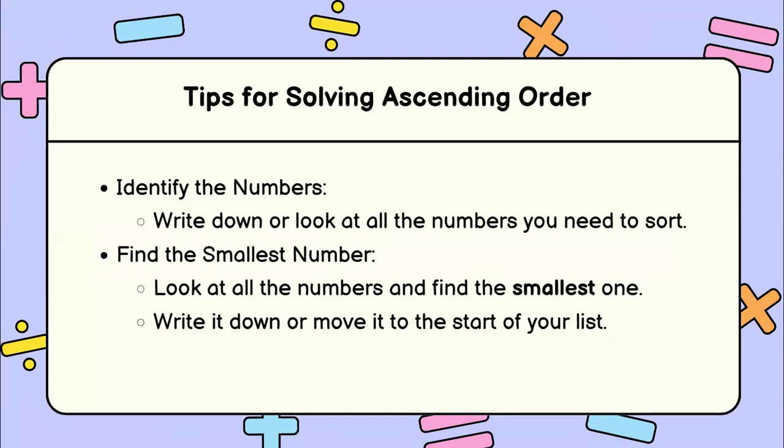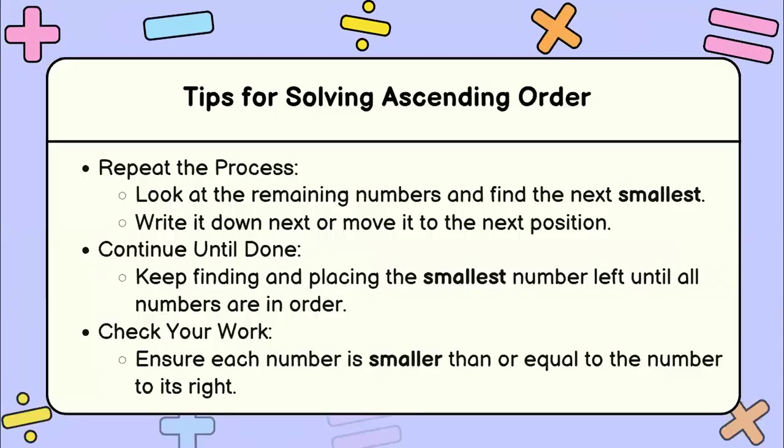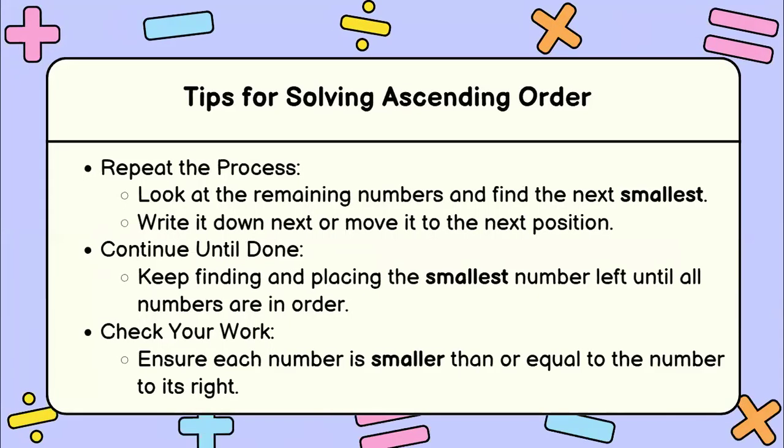After identifying each number, find the smallest in all of them and write it at the start of your list. And then you repeat the process and continue until it's done. After it's done, check your work. Ensure that each number is smaller than the one to its right.